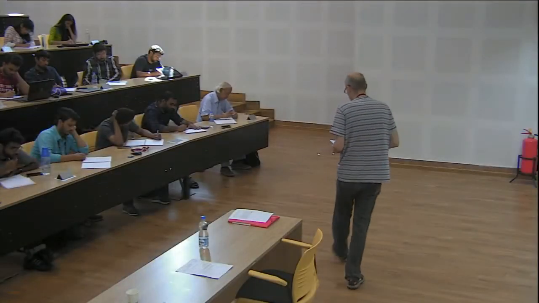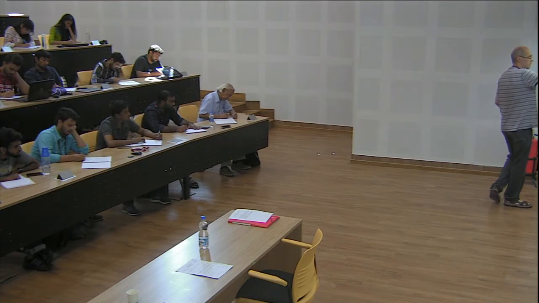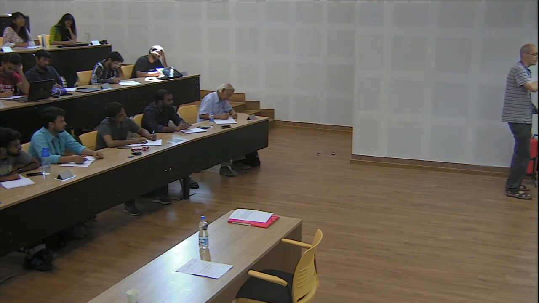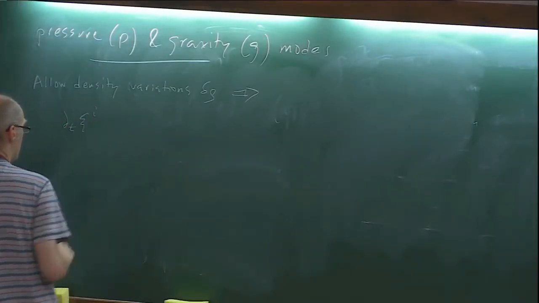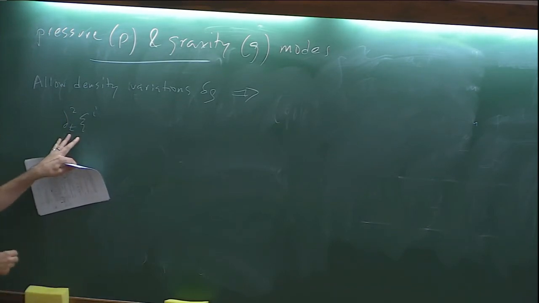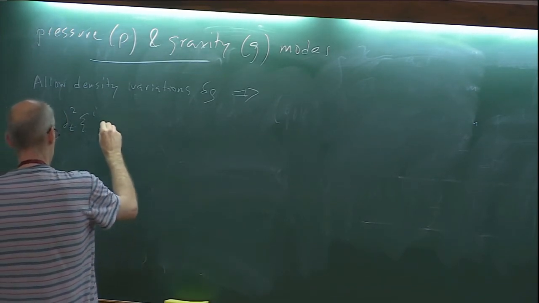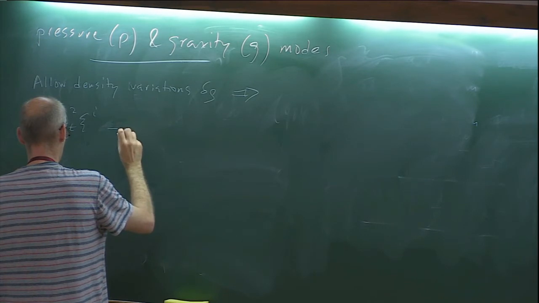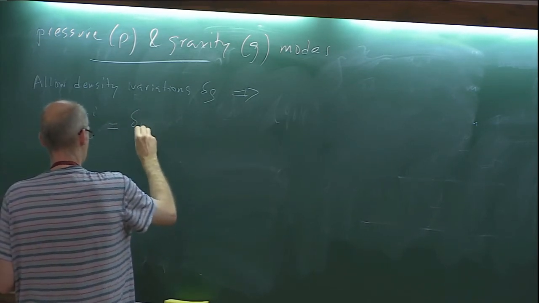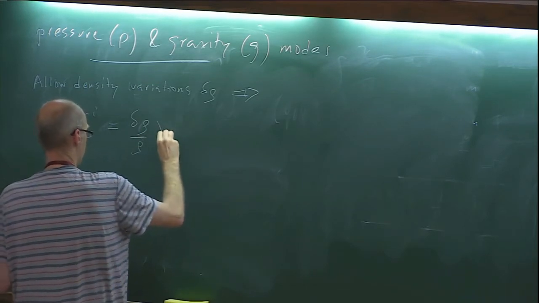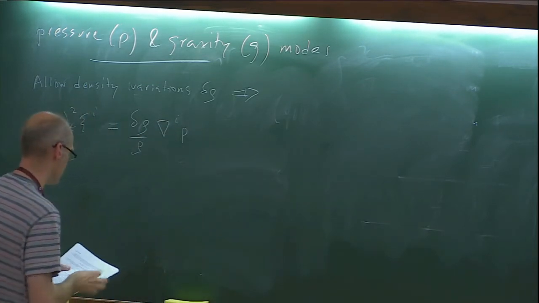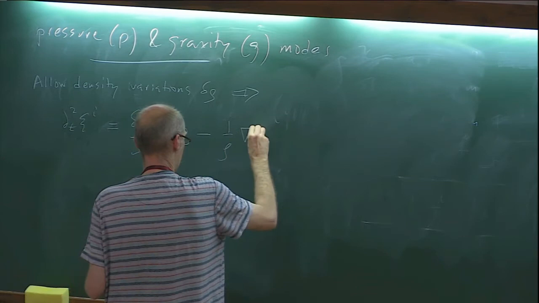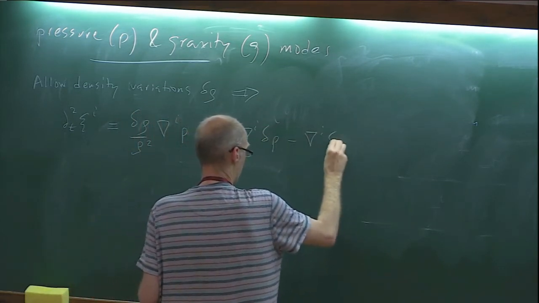Then, building on everything we had before, you can go back to the Euler equations from the beginning, and still have this displacement vector xi. We get a second derivative of that displacement, that was the omega squared from before, equals density variations times the background pressure, minus 1 over rho delta p, minus grad of delta phi.